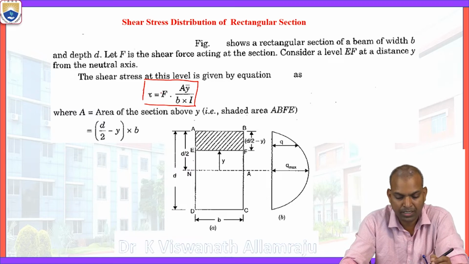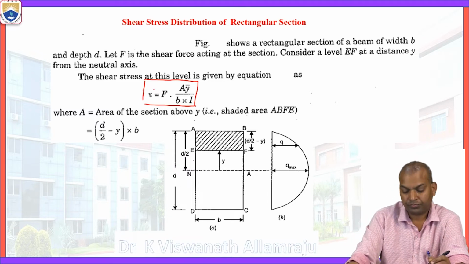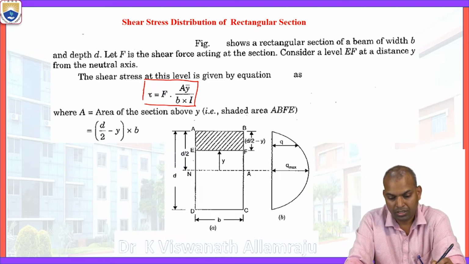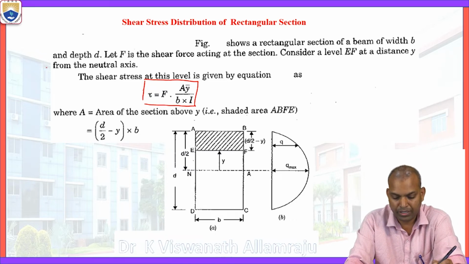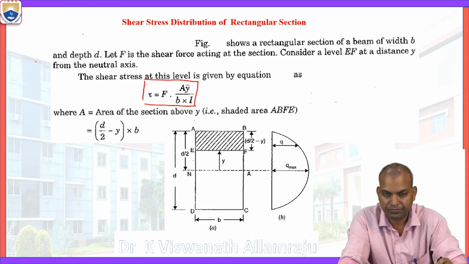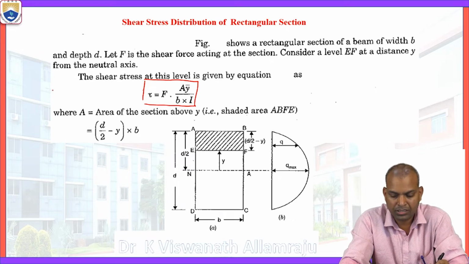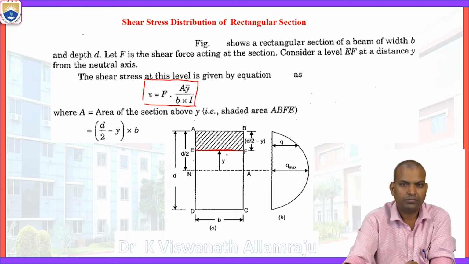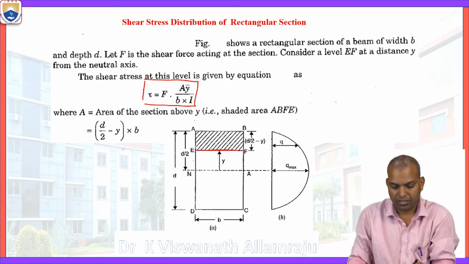Now we are considering a rectangular section having a width B and depth D. Let F be the shear force acting at the section. Consider the level EF at a distance y from the neutral axis.